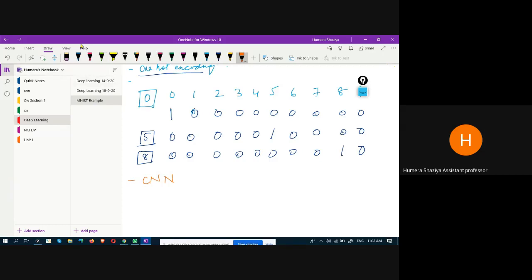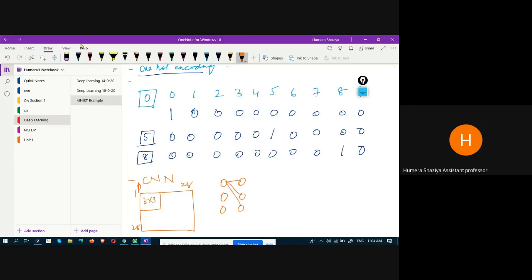In convolutional neural network, what happens is you consider a window within an image. If this image is 1 to 28, 1 to 28, then we may consider 3 by 3. And this 3 by 3 will be connected to every node like this.